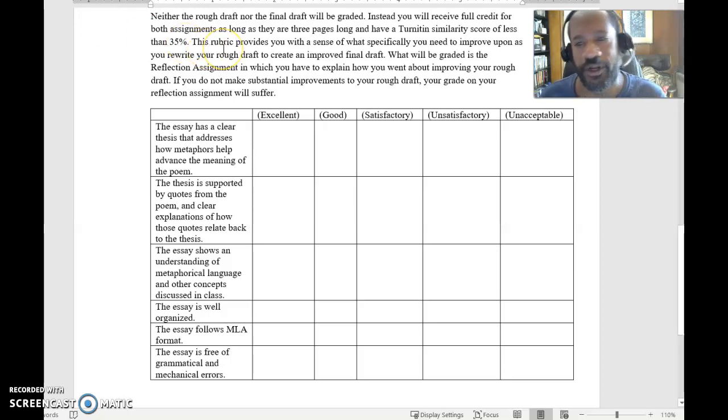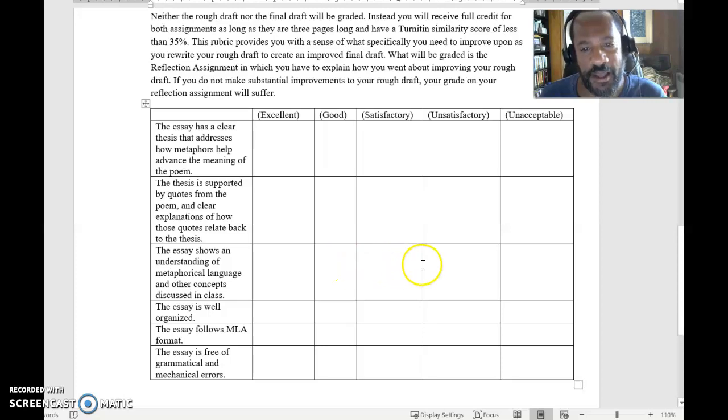And so what this rubric does is it breaks down specifically what I'm going to be looking for in each one. So when you turn in your rough draft, I'm going to mark it according to these things. I'm going to say, well, you got a clear thesis. Well, that was good. The thesis was supported by quotes. That was satisfactory. You understand metaphorical language.